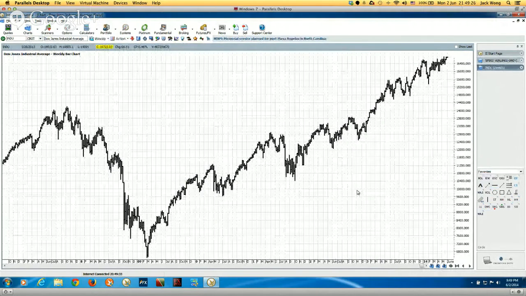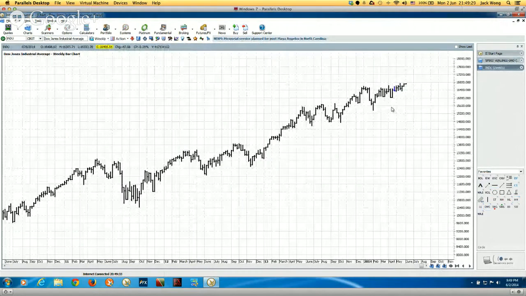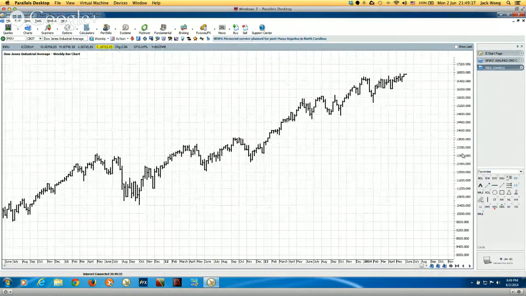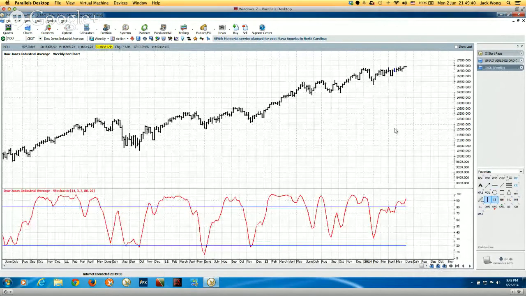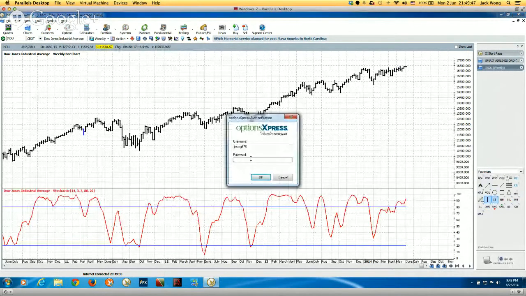You see that the index is very bullish, right? But just recently, the index is slowly consolidating. But this is not the point. The point is you just plug in a stochastic divergence. Sorry, not stochastic. My numbers are 14, 3, 3.